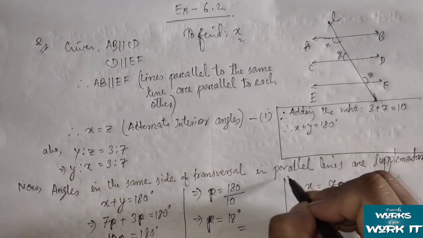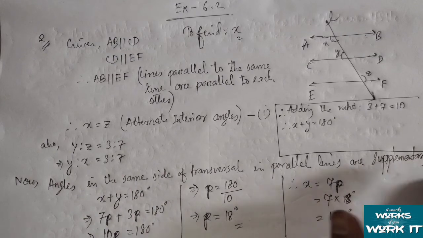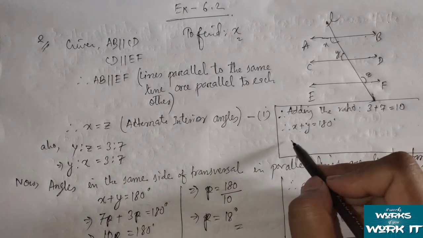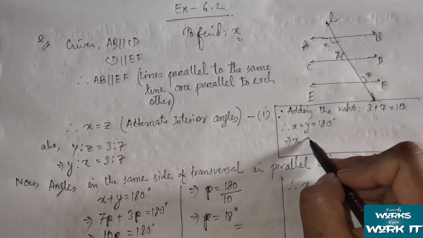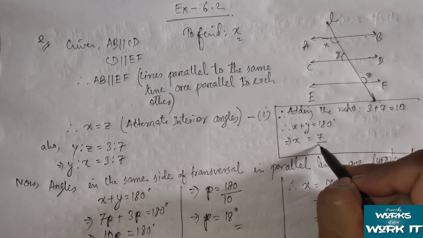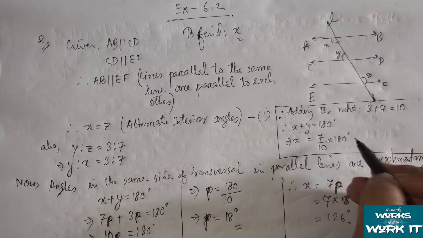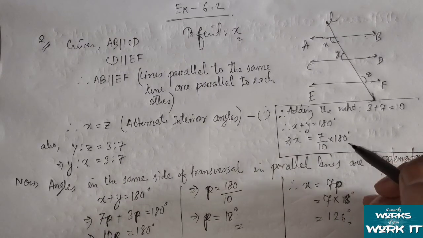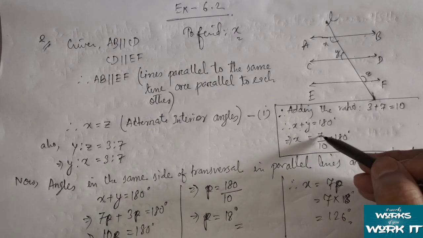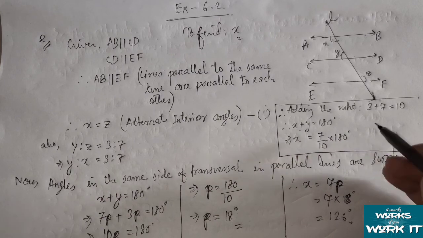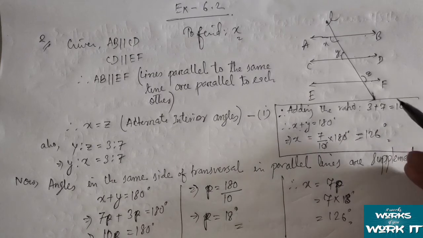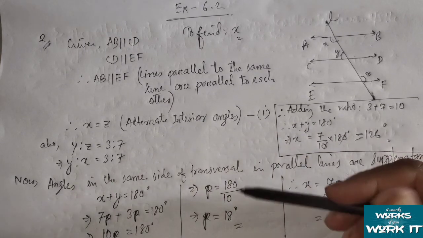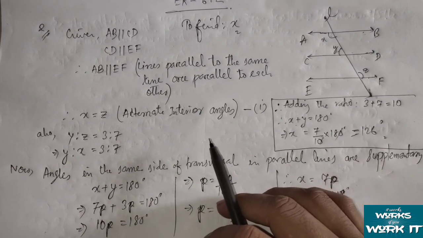Already I have written the property here, why it is 180 degrees. So here we can write X is equal to 7 by 10 into 180 degrees. Total was 10, so 7 by 10 into 180 degrees will give us 126 degrees. So by this method also you can find it out, or you can use the other method. Any method you can use.